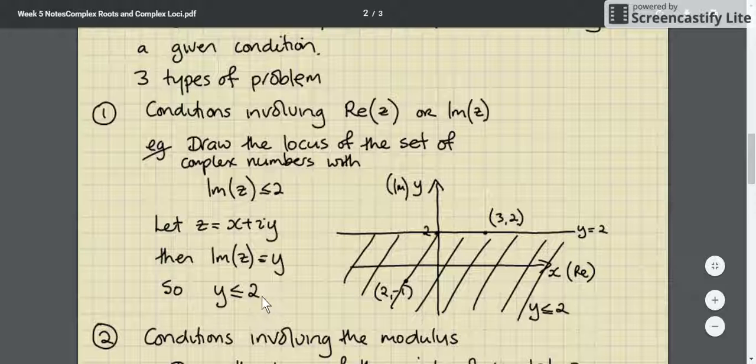And you can plot that on a set of axes. So you've got the x-axis, the y-axis. You've got the horizontal line, which is the line y equals 2. Because it's less than or equal to, we want to include the line, so it's a solid line, not a dotted line. And then all the points below that line.